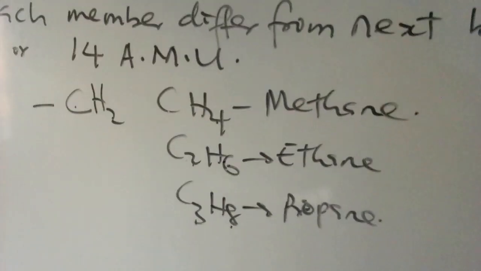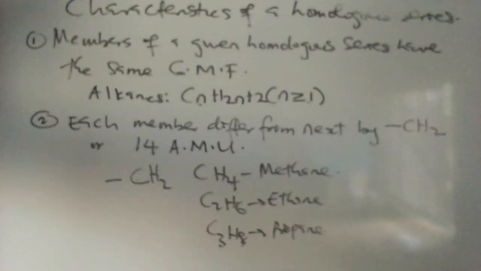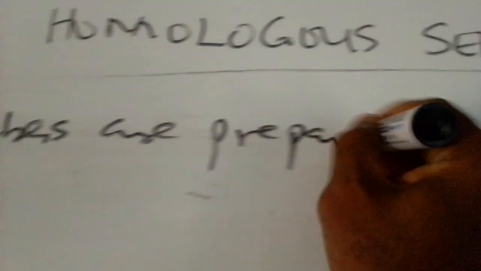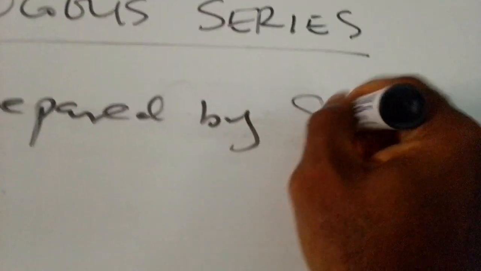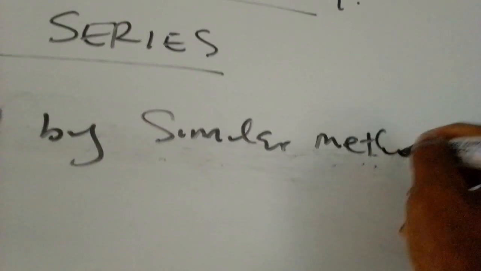Then the third property is that members are prepared by similar general methods.